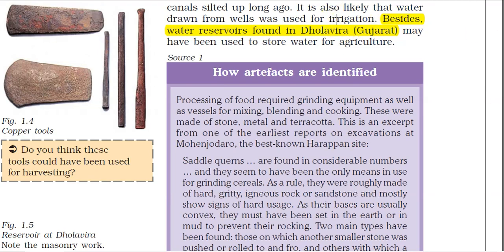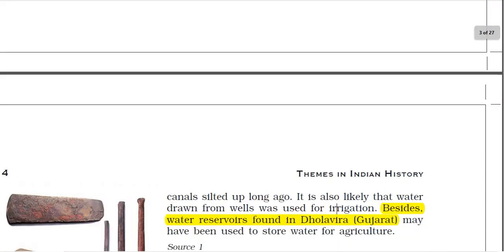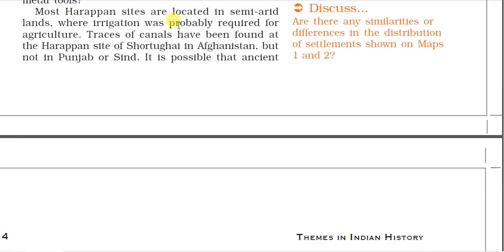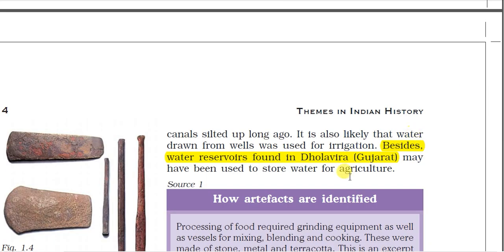So we have 3 points now. Let us revise these 3 points for irrigation. Number one, you have to write the introduction that most of the Harappan sites were located in semi-arid lands. Point number two, you have canals, and you have to particularly write where we find canals. It's a site called Shortugai in Afghanistan. Third point is about the water reservoirs, specifically Dholavira in Gujarat, but these are the three primary points.